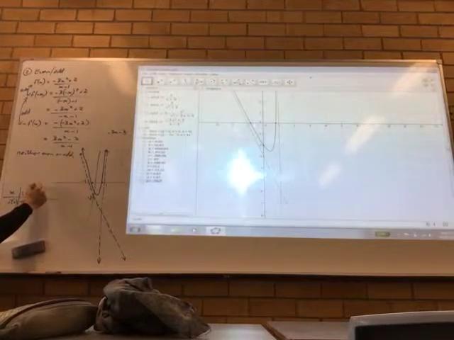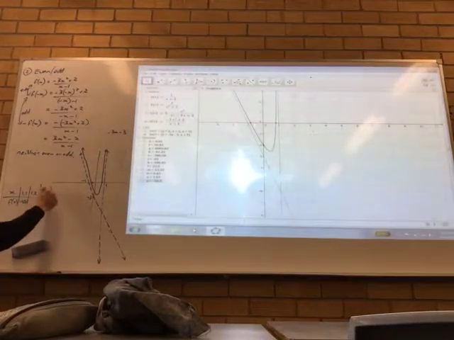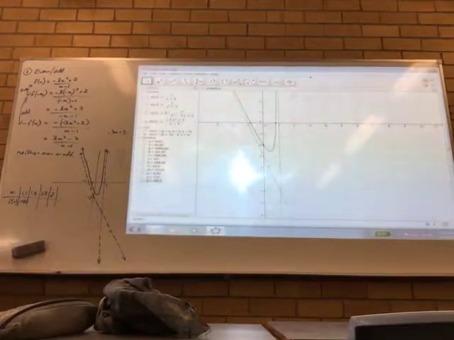Then 1.2, 1.5, 2, sort of numbers. D of 1.2 is negative 11.6. So from that, we're starting way down, close to the asymptote, going up.